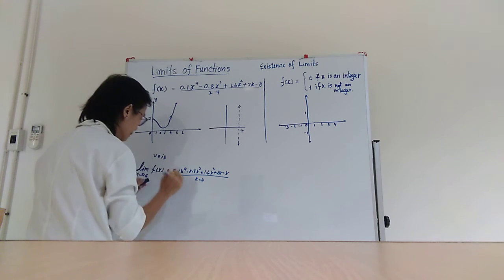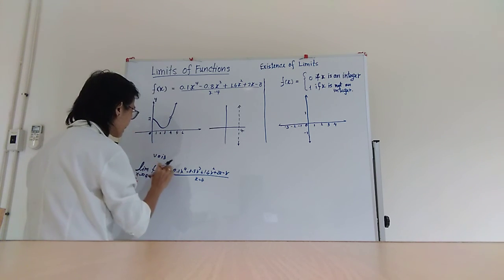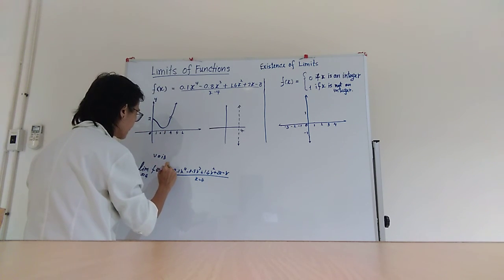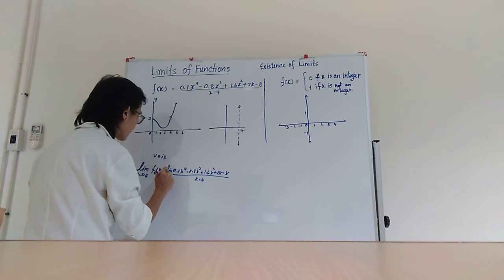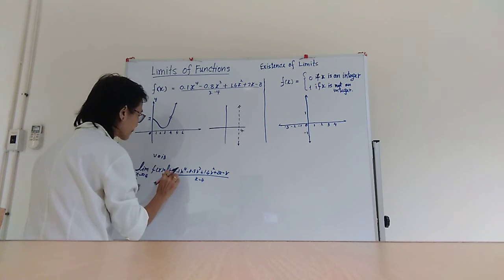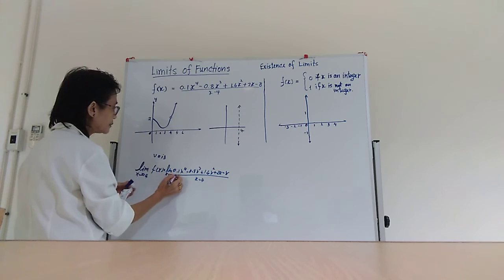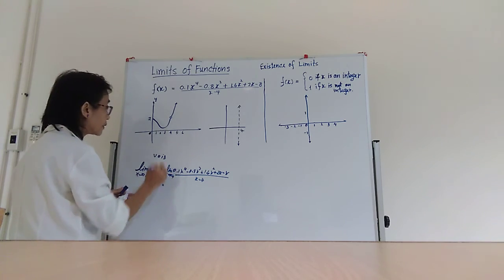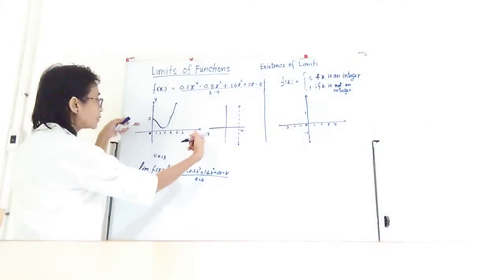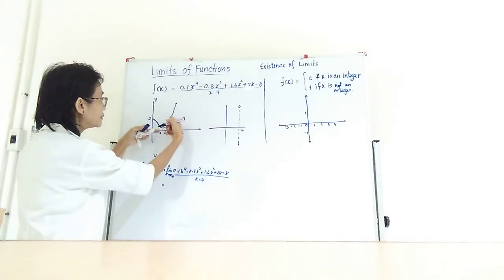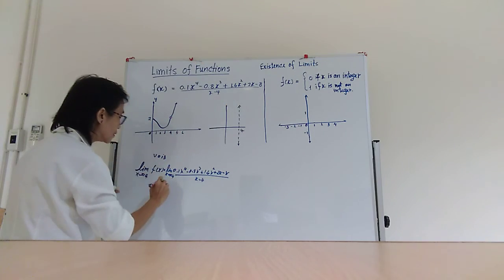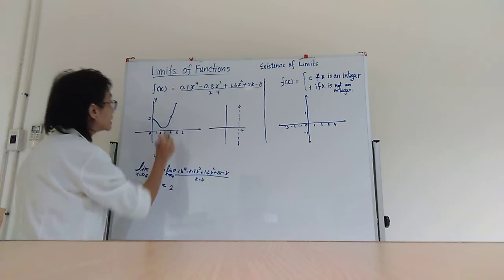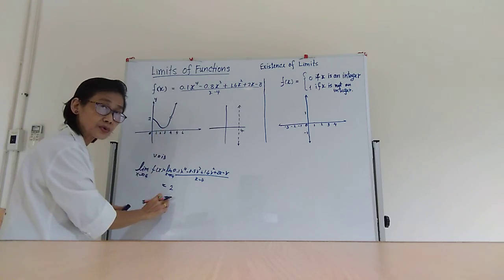This one you should write down, take the limit for both sides. This one is going to be limit as x approaches 4. Then you can form the graph. You can see when approaching from the left and from the right, they meet at this point, which is y equal to 2. So your final answer is the limit of this function equals 2.